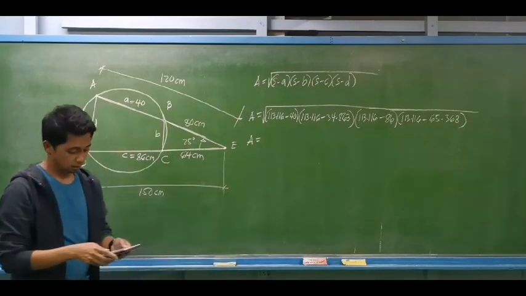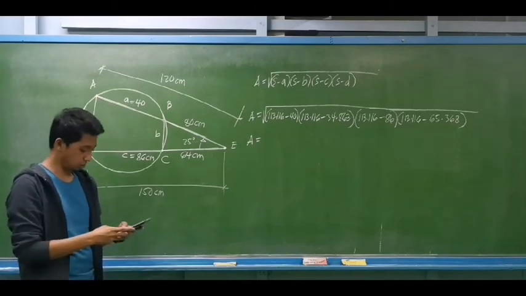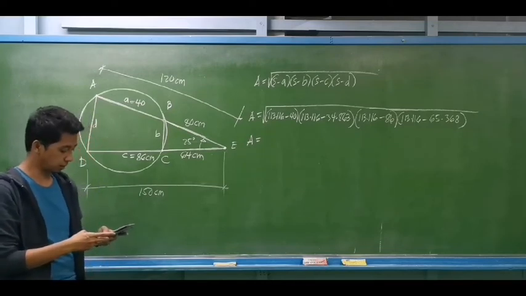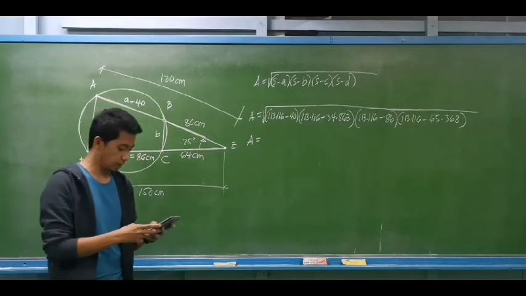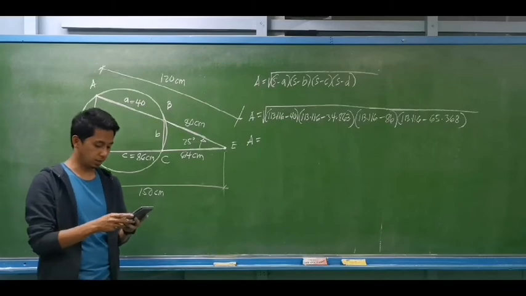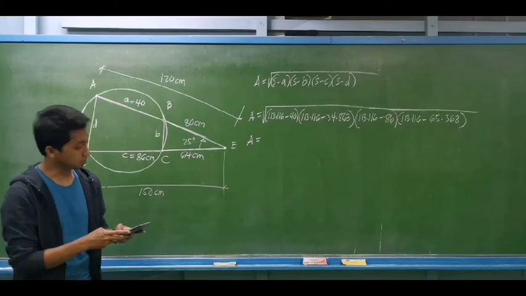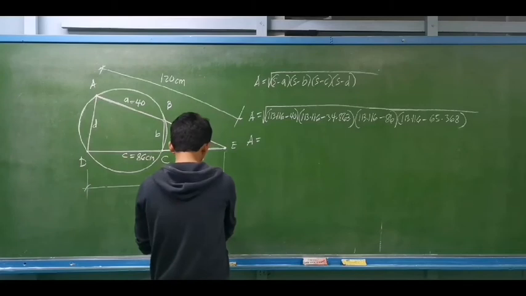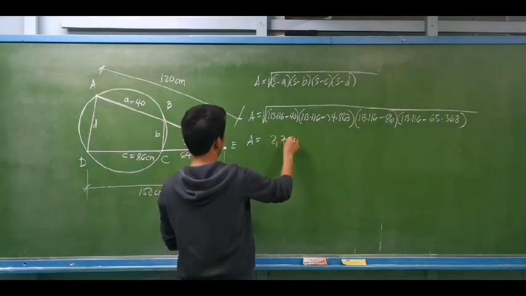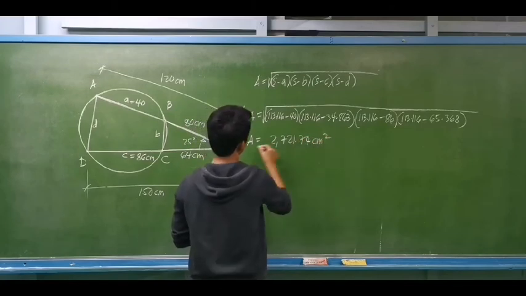Complete natin. So we have 113.116 minus 40, 113.116 minus 34.863, then 113.116 minus 86, 113.116 minus 65.368. And then square root. So yung nakuha dito is 2,721.74 square centimeters.